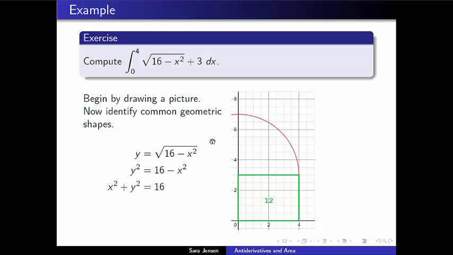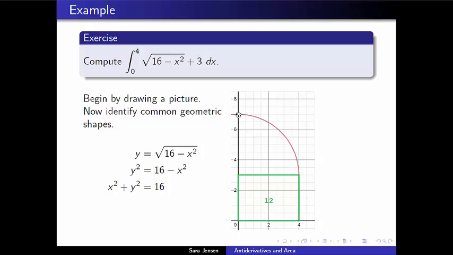So what that +3 does right over here is shift that circle up 3 units. So I should be graphing a circle of radius 4 centered at the point (0, 3). So indeed, this portion, the square root of 16 minus x squared part that's right up here, is in fact a quarter of a circle.